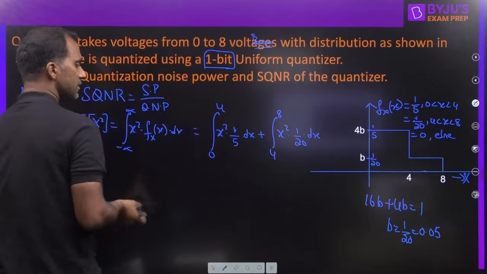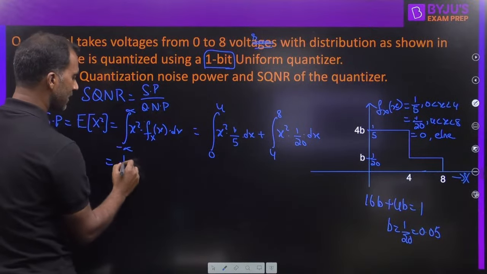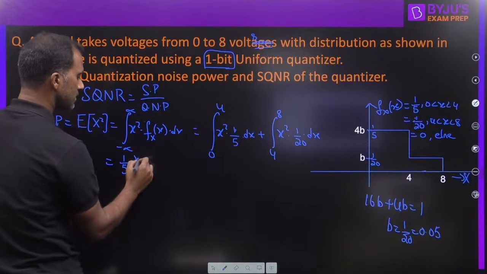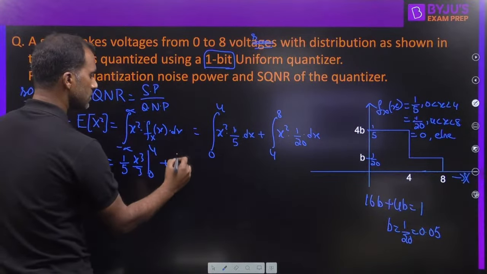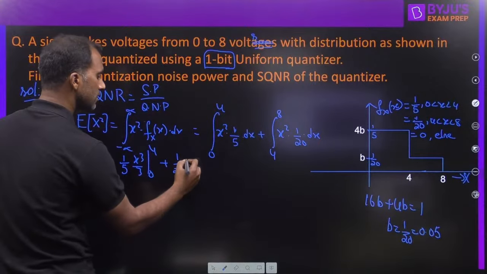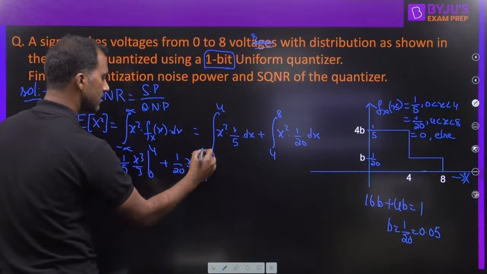It is a simple calculation now. So this is equal to 1 by 5 outside, x cube by 3, limits from 0 to 4, plus 1 by 20 outside, the integration of x square is x cube by 3, limits from 4 to 8.